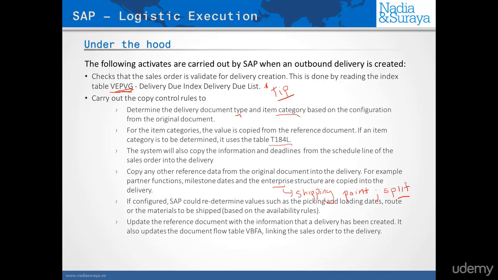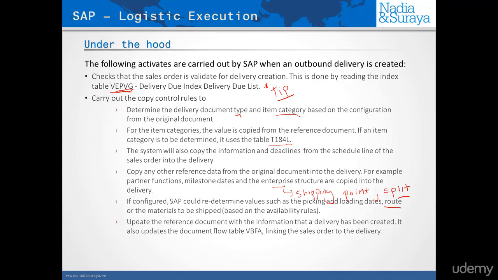If configured, SAP will also redetermine some values like the picking and loading dates, the routes or the materials, the quantity of materials to be shipped, i.e. it would rerun availability again. And finally, it would also update all of the tables.